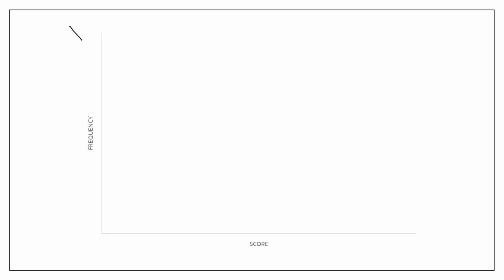We have the y-axis here, which is always going to be our frequency when we're doing frequency distributions. And then here we have our x-axis, which is going to represent our scores, our values. In this case, this is going to be perpetration of IPV.